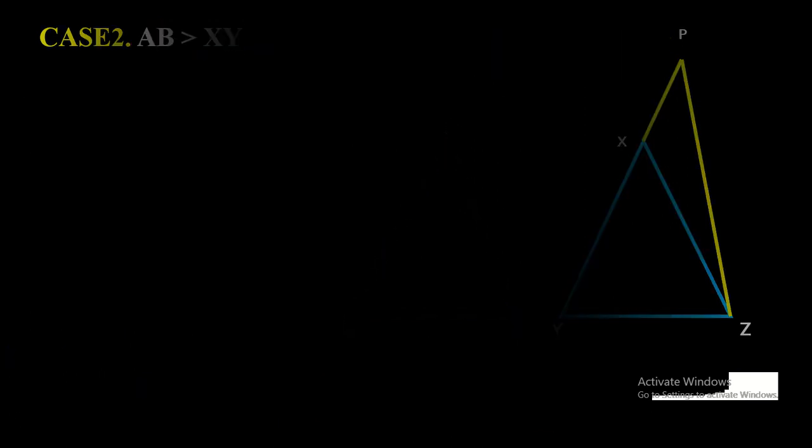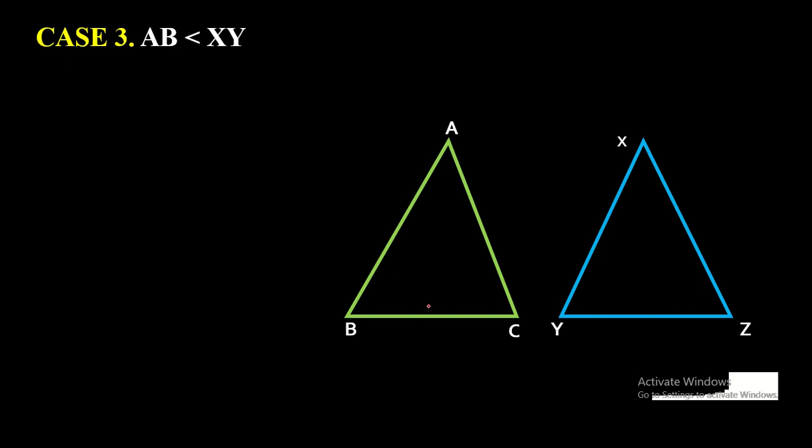Now let's take the third case similarly, in which we consider that AB is less than XY. Here we are given that in these two triangles, angle B is equal to angle Y, BC is equal to YZ, and angle C is equal to angle Z. Now we are supposing that AB is less than XY.